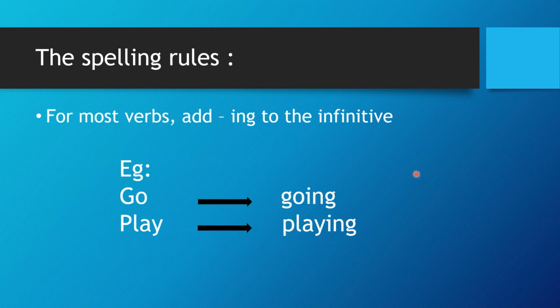Okay, the spelling rules. Okay, for most verbs, we add ing to the infinitive verb. For example, go becomes going, play becomes playing. Okay, we add ing.